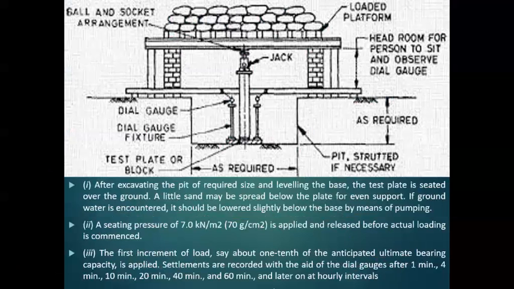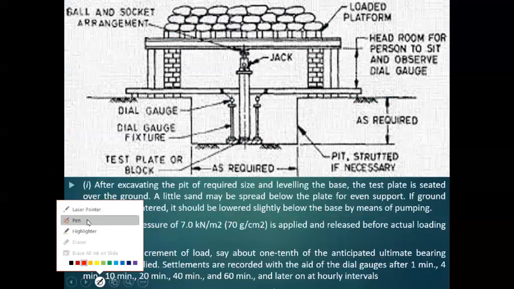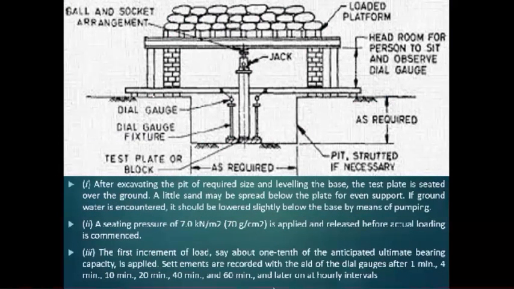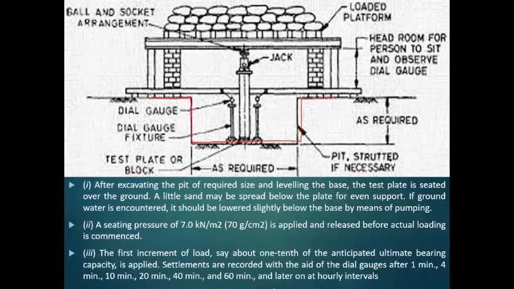This is the exact field configuration or setup required in the field for the plate load test. As you can see in this figure, initially a pit or trench is excavated, as shown.